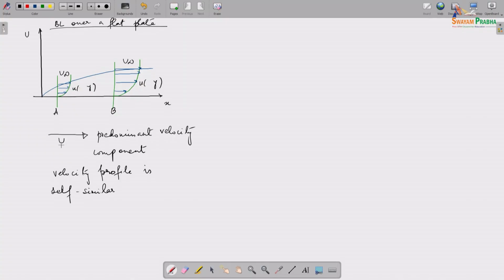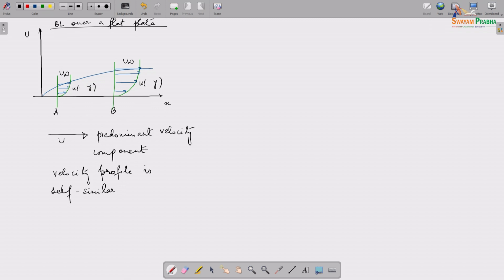Now this predominant velocity component u does change along the x-axis, but like I said, it's self-similar. As long as I evaluate the variation at a location, it's only a scaled up version at another location. So the primary change in this velocity component comes in the y direction.